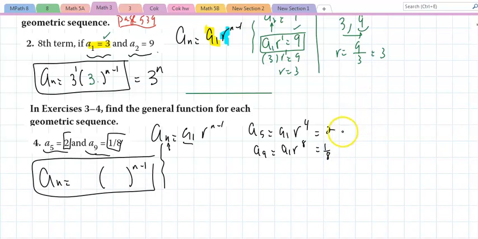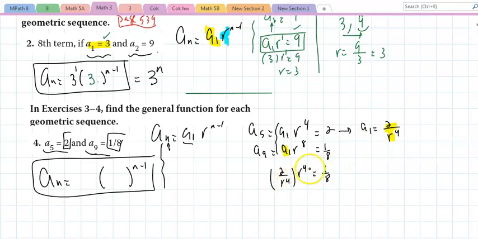I could solve this equation for, say, a sub 1, and say a sub 1 is 2 divided by r to the fourth, and use substitution. Put that right there. That will make a sub 9, that will make 2 divided by r to the fourth times r to the 8th equals 1/8.